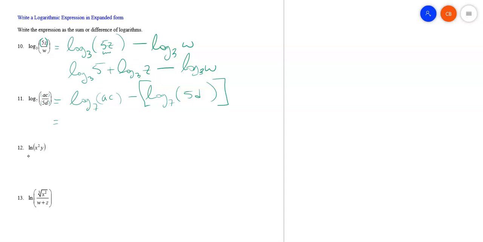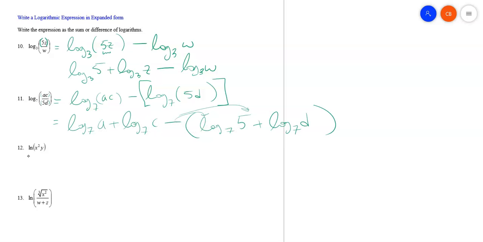so we can be mindful of that one. The first term we will expand on the times right here, so it will go log base 7 of a plus log base 7 of c. And then it will go minus this thing that goes log base 7 of 5 plus log base 7 of d. And so we're getting close to the expanded form. We should probably just distribute the minus that's there.